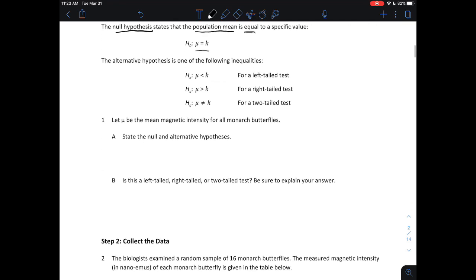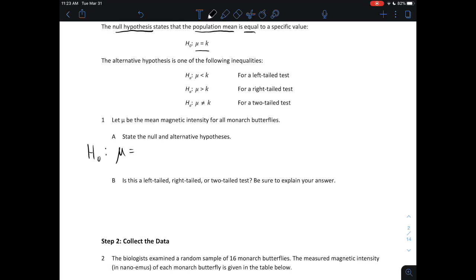Number 1, let mu be the mean magnetic intensity for all monarch butterflies. Part A, state the null and alternative hypotheses. So first of all, H sub 0 always stands for the null hypothesis. Then what that hypothesis says, we write after a colon. We use the symbol mu for population mean, and then we are going to use the equal sign.